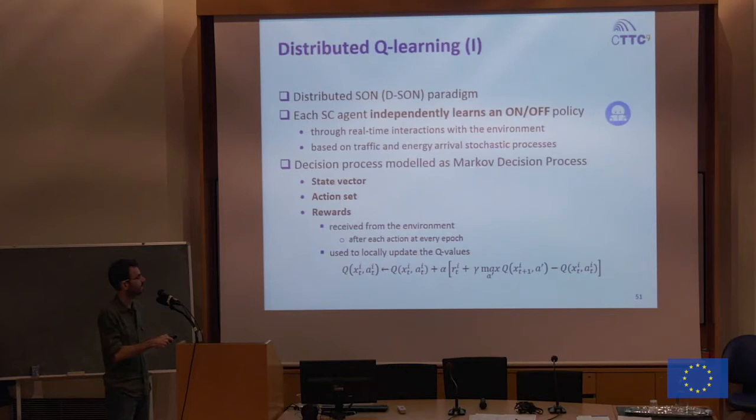For this, we have to model the Markov decision process: the state vector, the action set, and the reward. With the reward, we update the Bellman equation. You should know this equation very well. Since I'm referring to rewards, we are maximizing the reward. If I used cost, then I would minimize, so it's a maximization versus minimization problem.